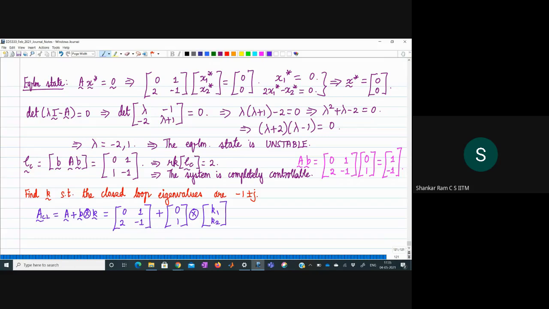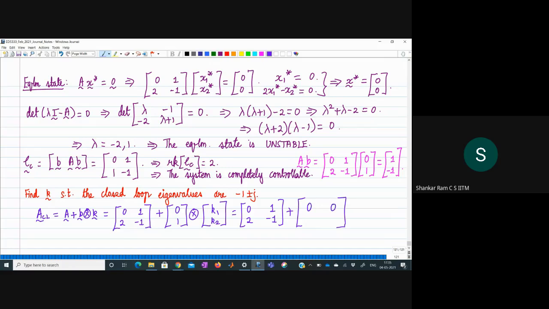So now, if we evaluate B outer product K, what will we have? Please recall, if we take the outer product of B and K, we will get an n by n matrix. The ijth element will be BiKj. But please note that B1 is 0. So B1K1 will be 0, B1K2 also will be 0.